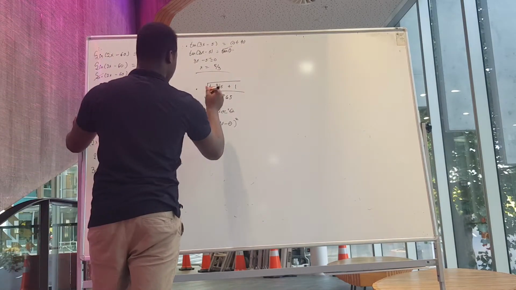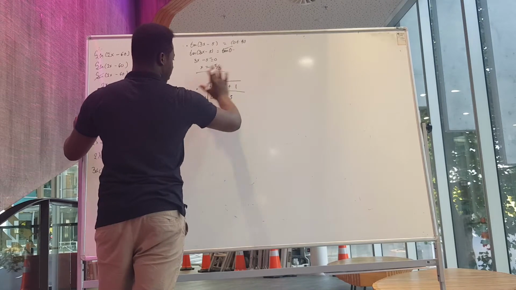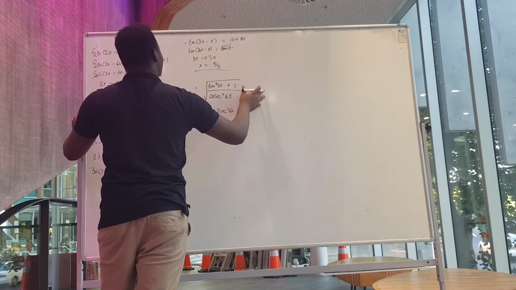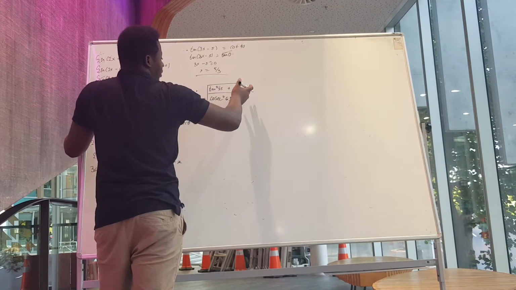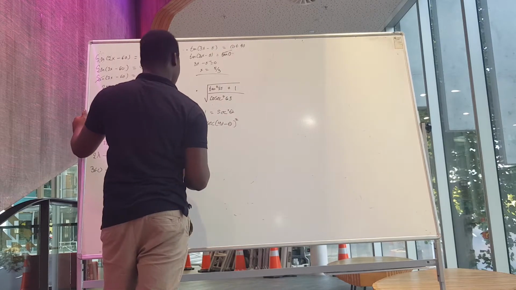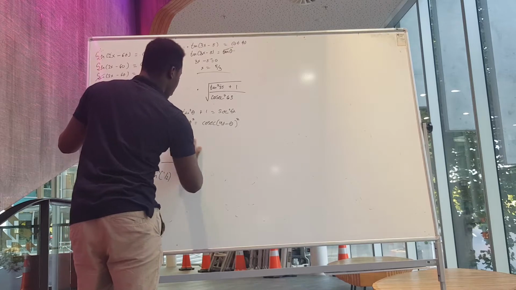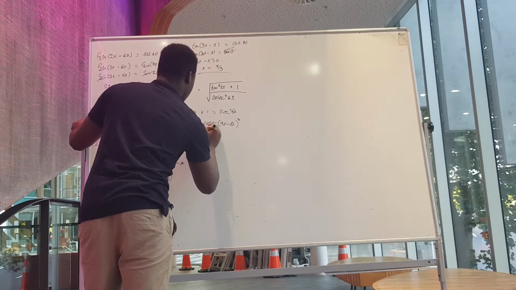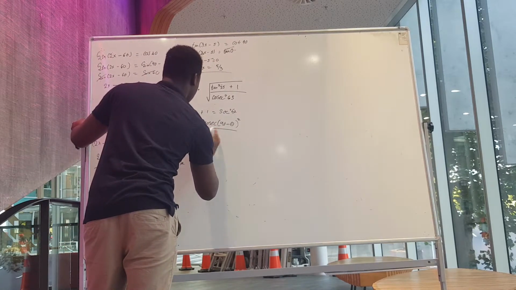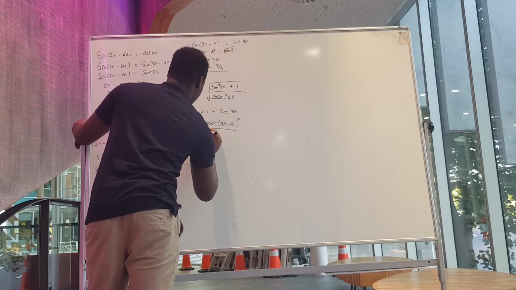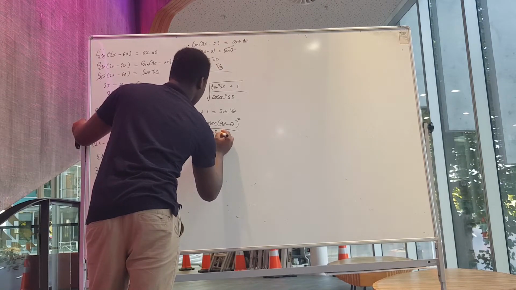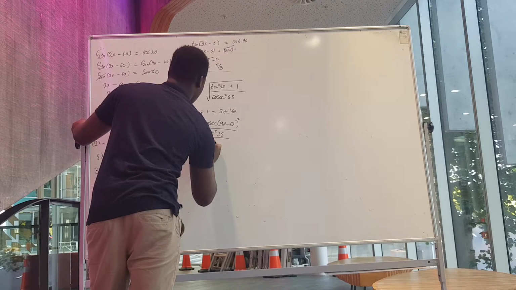So I can write this question as the square root of sec squared 25 divided by cosec squared 65.